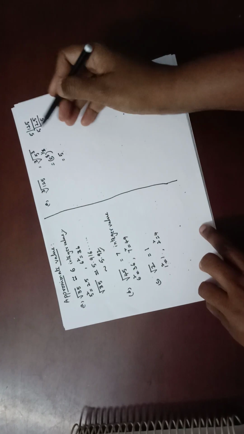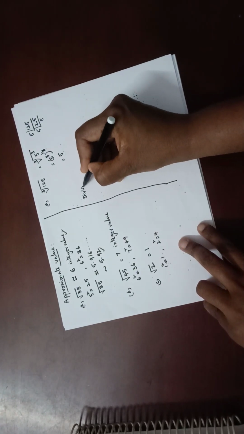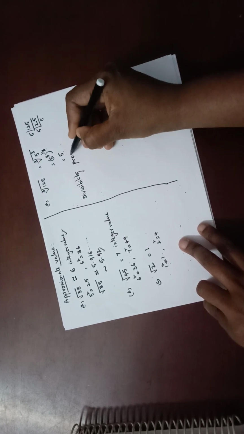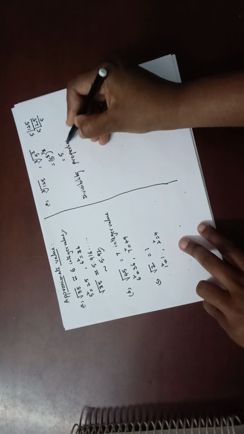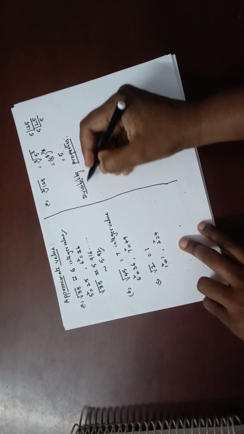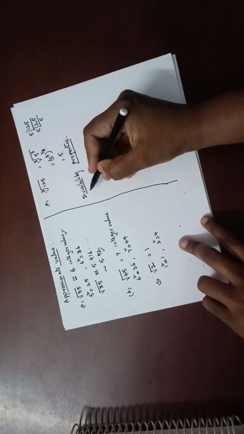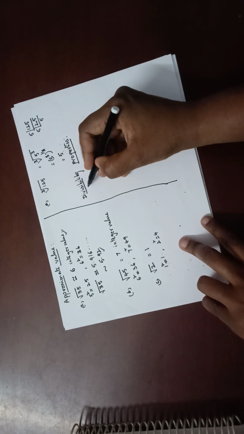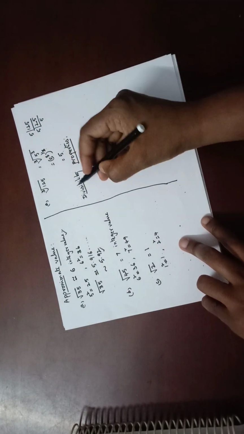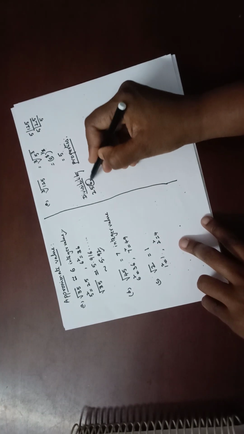Actually, I want to explain some simple divisibility properties. If any number is given and the units place is divisible by 2, the whole number is divisible by 2. For example, 256. This is the units place.